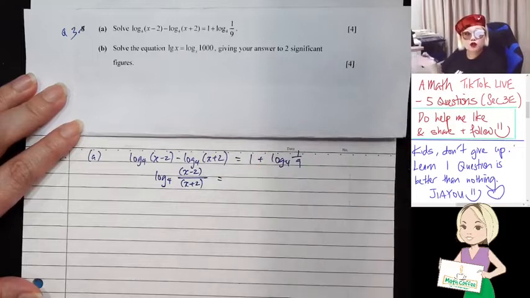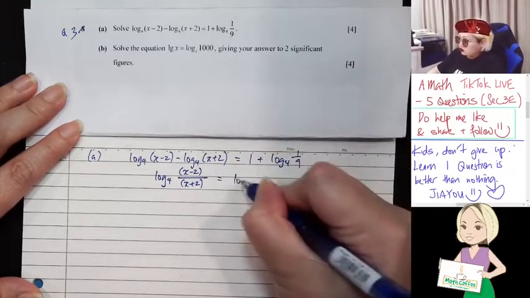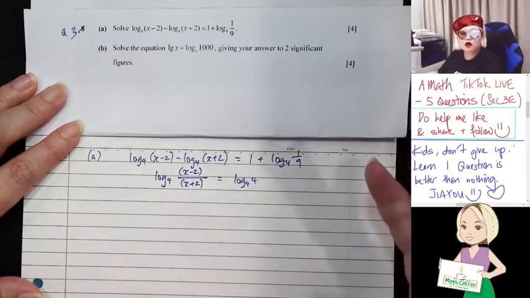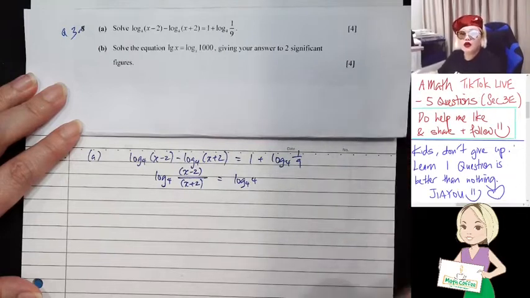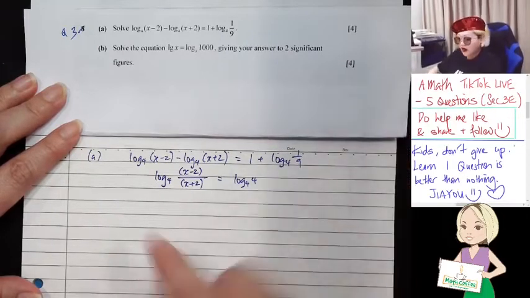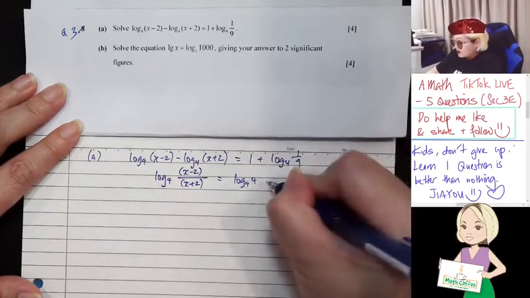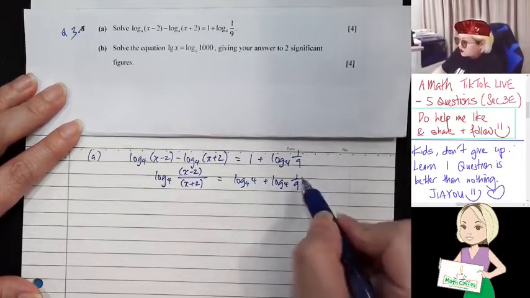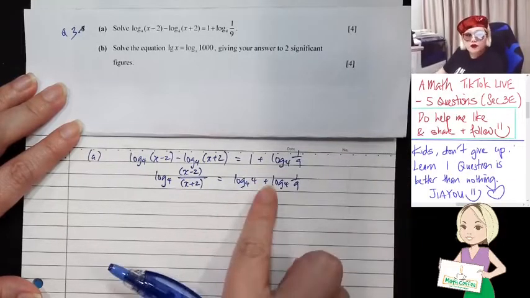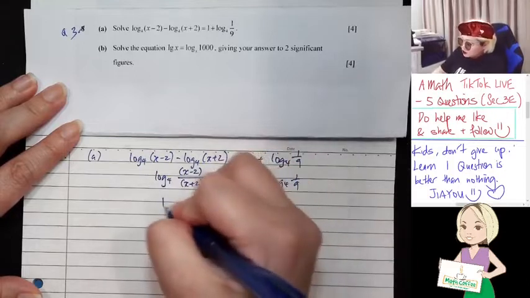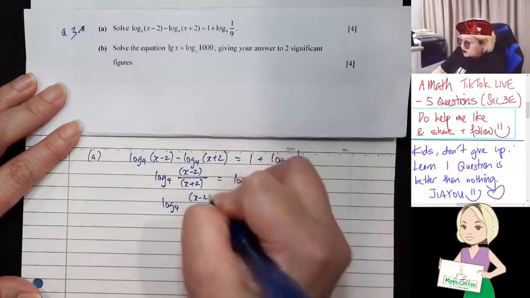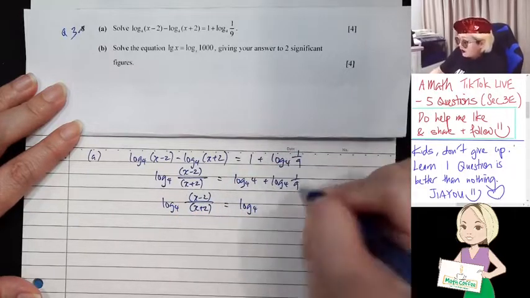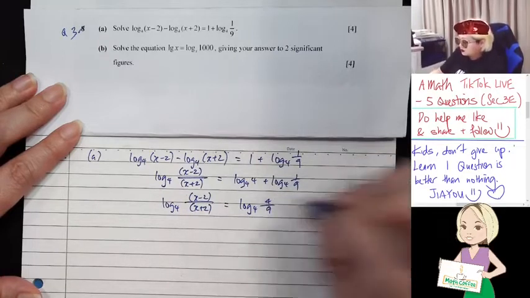Now I'm going to change it to log 4. So other than knowing log 4 of 4 is 1, you will also have to know how to change the 1 whole to log 4. And why is it changed to base 4? Because my neighbor is base 4. Understand? Plus, this one is already log 4, so doesn't matter. Leave it as it is. So this already log 4 is plus, so it becomes multiply. So log 4 of (x minus 2)(x plus 2) equals log 4 of 4 times 1 over 9, so it's 4 over 9.